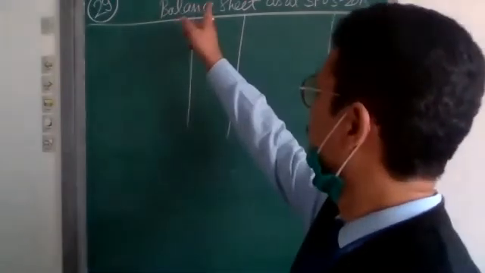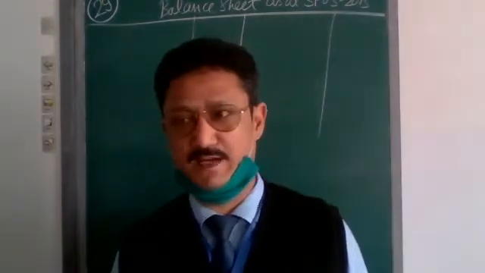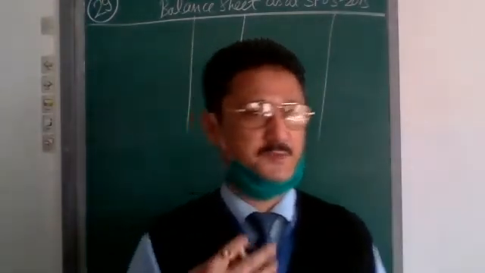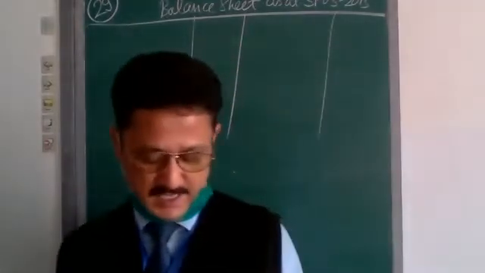So start with the preparation of the opening balance sheet to calculate the capital fund, then the income and expenditure account, and then the closing balance sheet. Let us see.